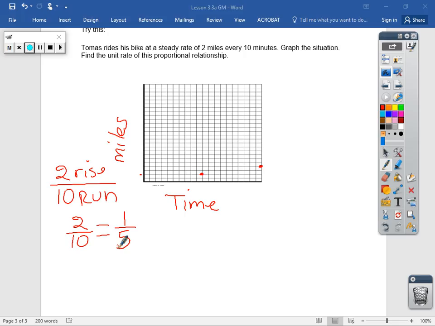So how far does he ride in a minute? Well, my slope says 1/5 of a mile in a minute. All right, that's awesome.